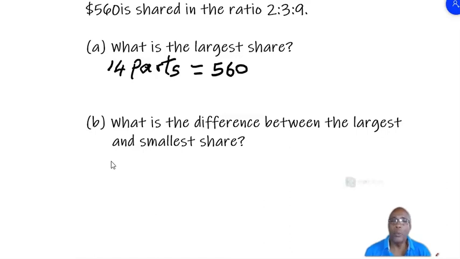And so we can find what one part is by dividing 560 by 14. When we do that, we are going to get 40.